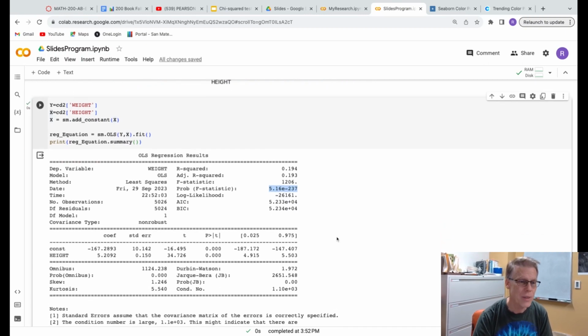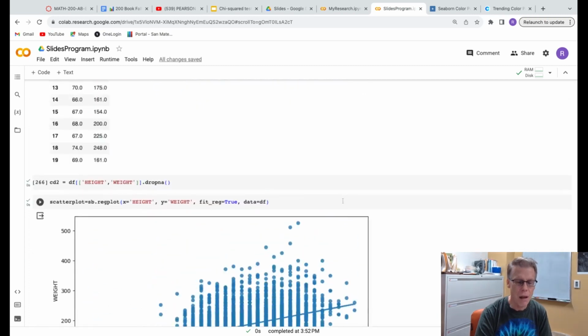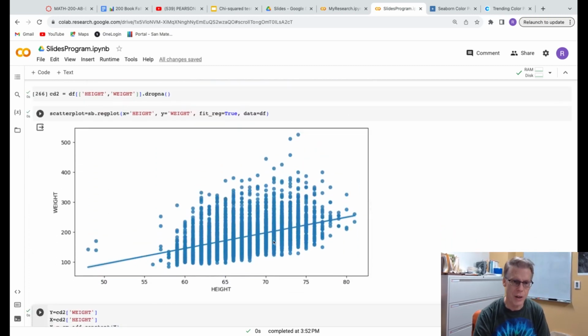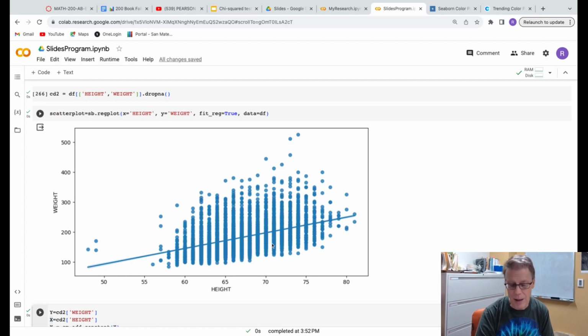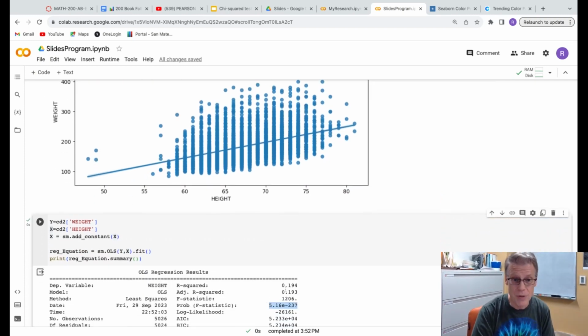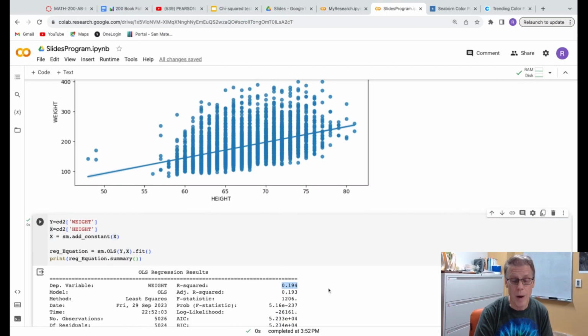Now that we have this significant result, we've got a chance to use this line to make a prediction based on somebody's height. Predict how much they will weigh. It's not going to be perfect. It's only 20% of your weight that is predictable by your height, but we're going to use this line anyways.